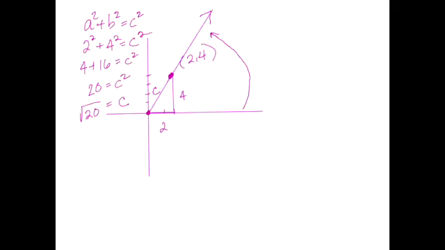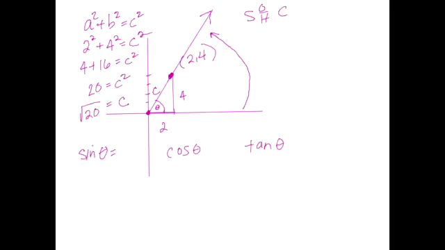Now in this particular module, they're interested in a few things: how to find the sine, how to find the cosine, and how to find the tangent. And I always use this little trick to remember how the ratios go. So for sine, it is opposite over hypotenuse.